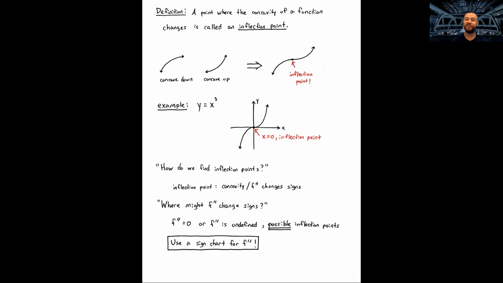We're going to call these possible inflection points. The terminology emphasizes that when the second derivative equals 0 or is undefined at any of those x values, they might turn out to be inflection points, but they might not. Keep in mind your definition of an inflection point is a point where the concavity changes.